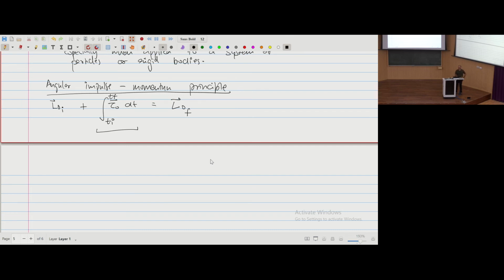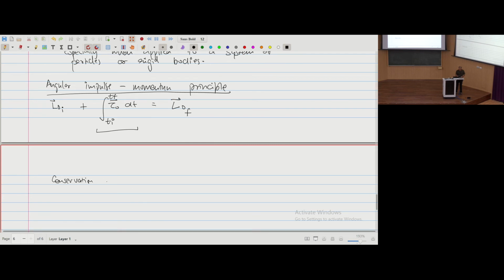From this we can get the idea of conservation of angular momentum. There are situations where the torque is 0, that gives us the initial angular momentum is equal to the final angular momentum.